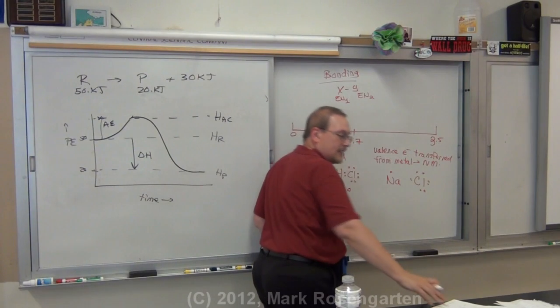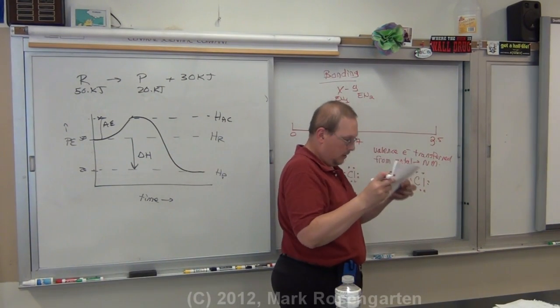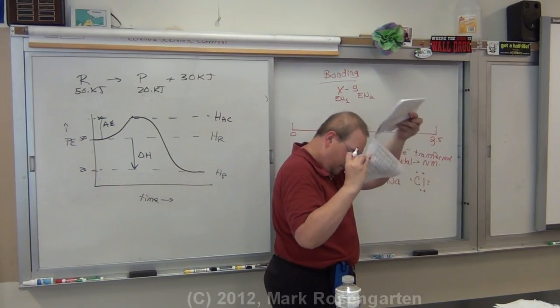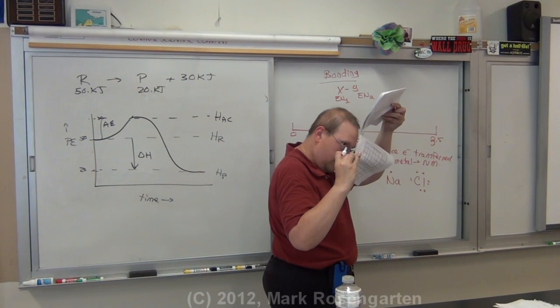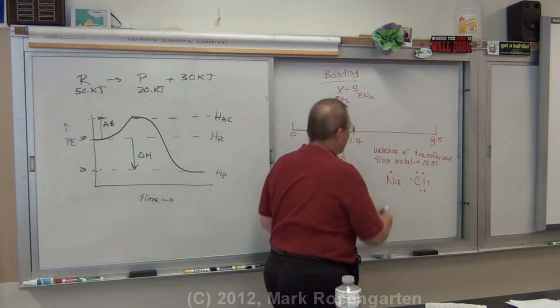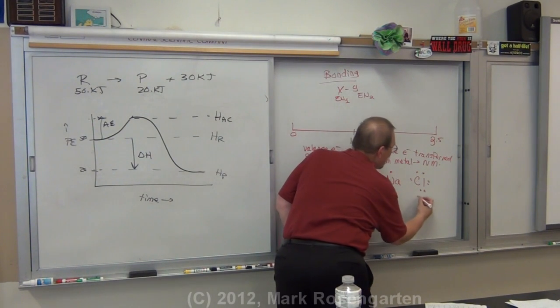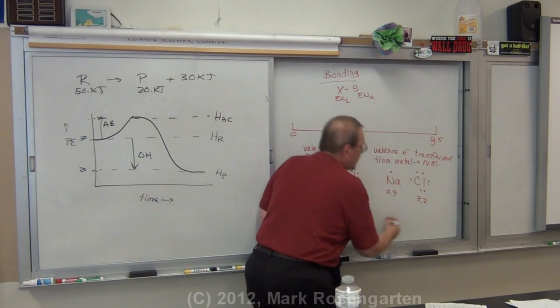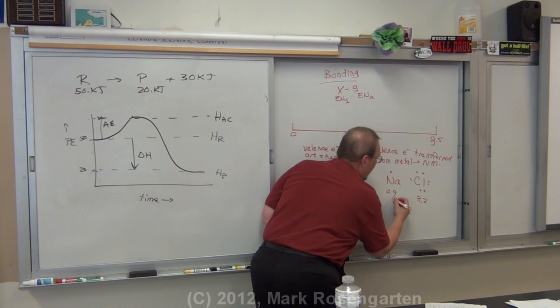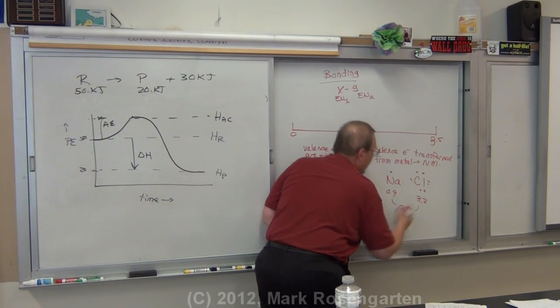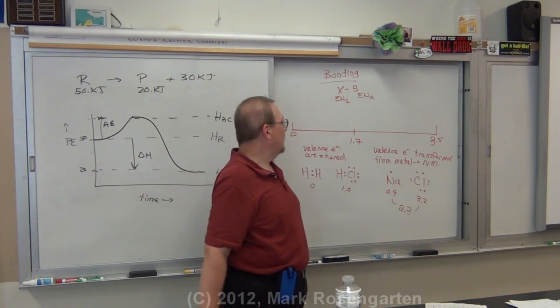Sodium has an electronegativity of 0.9. Chlorine is 3.2. This gives us a difference of 2.3. That's greater than 1.7, in case you were wondering.